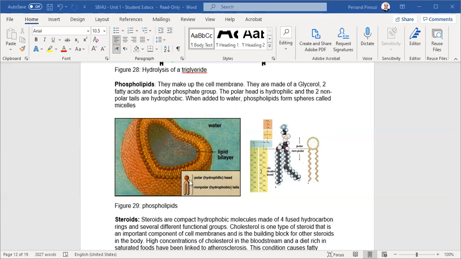That's because the polar, hydrophilic head is always situated where we have fluid or water, and the hydrophobic side is going to be on the side where there is another hydrophobic side.